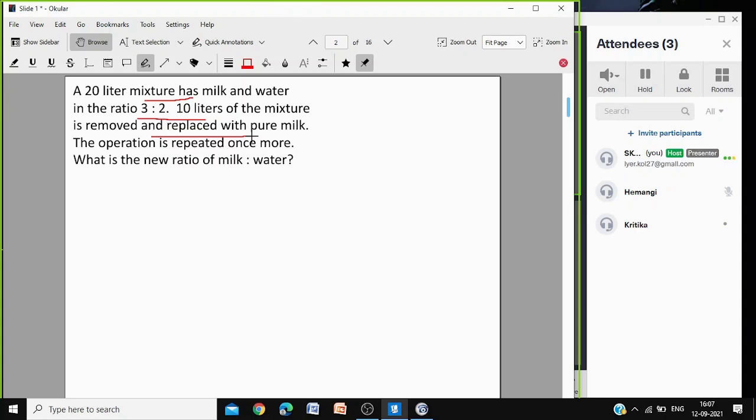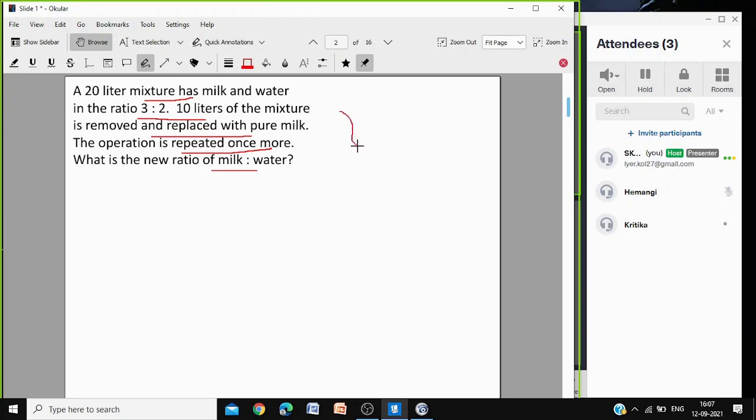So pure milk is replacing the diluted milk. The operation is repeated once more. That means a total of 2 times you are doing it. 10 liters you take out of the diluted milk, add pure milk, and once again take out the diluted milk and add pure milk. What is the new ratio of milk to water?